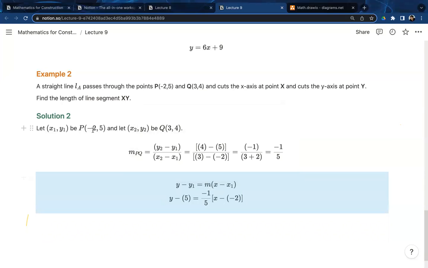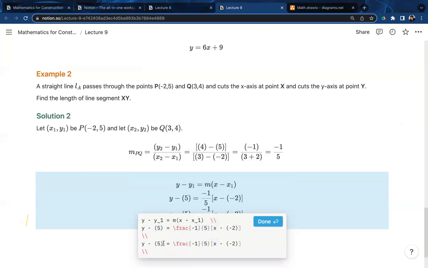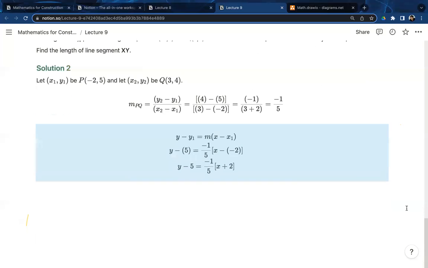So using x1, y1. Y minus y1, which is y minus 5, equals m into x minus x1, which is -2. So I could probably take my time and simplify this here. Take out the brackets, and this is x plus 2. So I just try to simplify the x minus -2 is x plus 2, and the y minus 5 here.